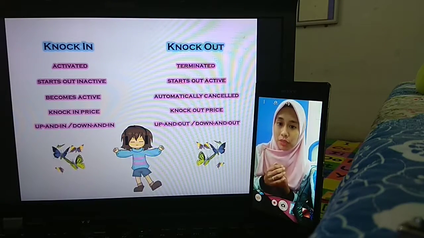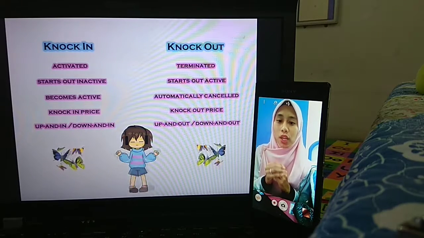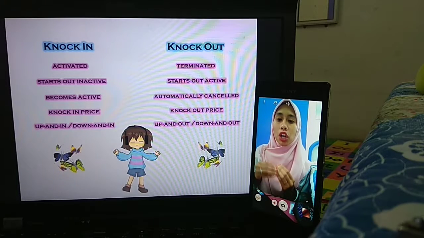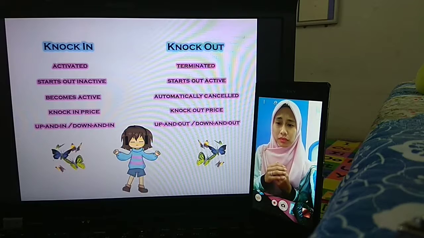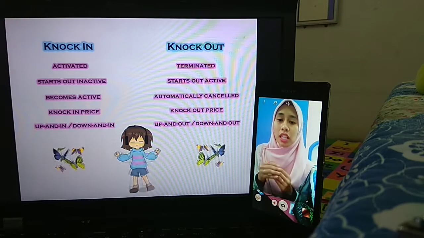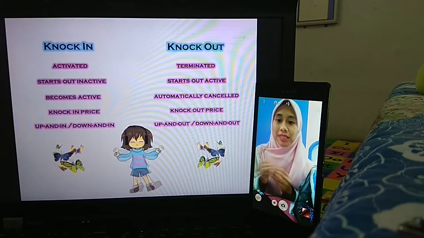So the difference between knock-in and knock-out is that for knock-in, it requires the underlying asset to reach a certain price in order for the option to be activated. Whereas for knock-out, when the certain specified price is reached, the option will be terminated.